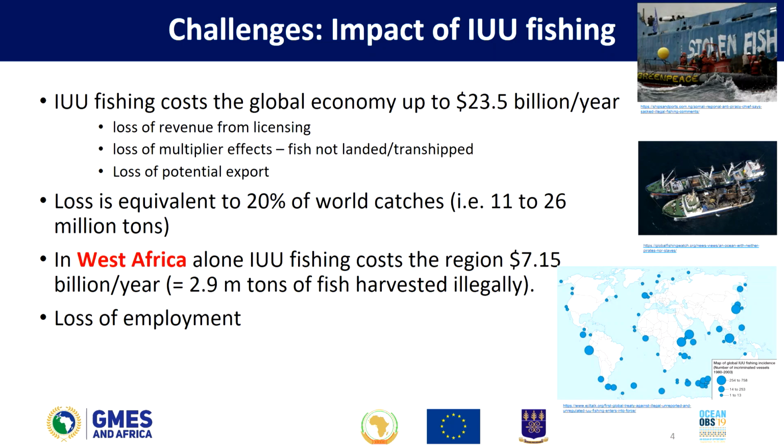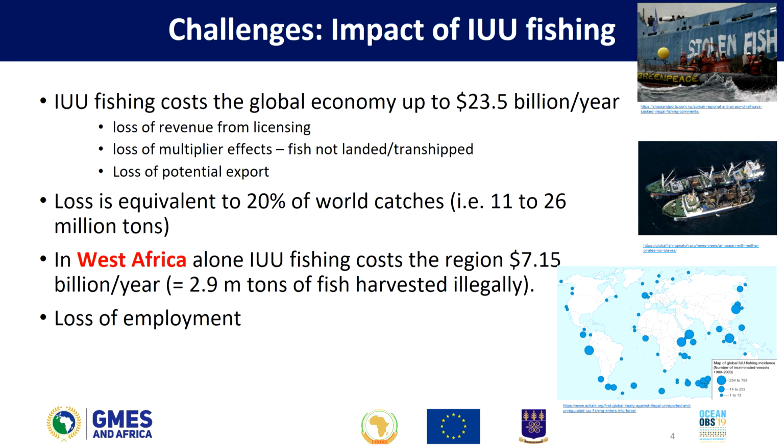But with all these resources that we have, there are lots of challenges that we face. Key of these challenges is IUU, illegal, unregulated, and unreported fishing, where people steal the fish from us through various means. It's been reported that in West Africa alone, IUU costs the region about $7 billion a year.